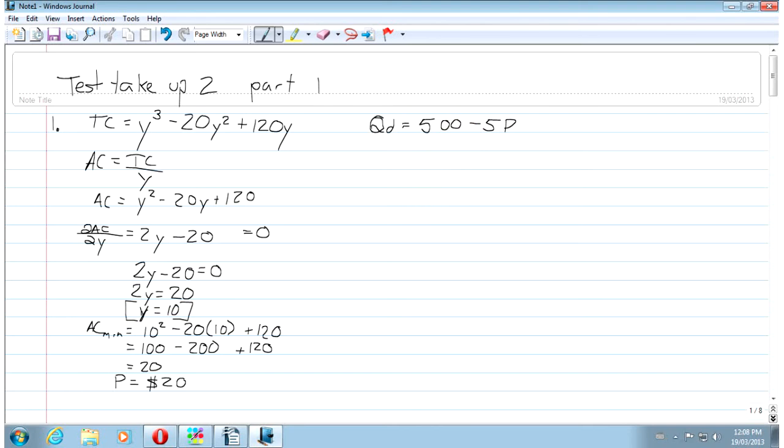When answering the question of how many firms, we find out how much the market demands at a price of $20, and divide that by the number of units per firm. Quantity is 500 minus 5 times 20, so they're demanding 400 units. Sorry, we want the number of firms, that's why the units aren't working out.